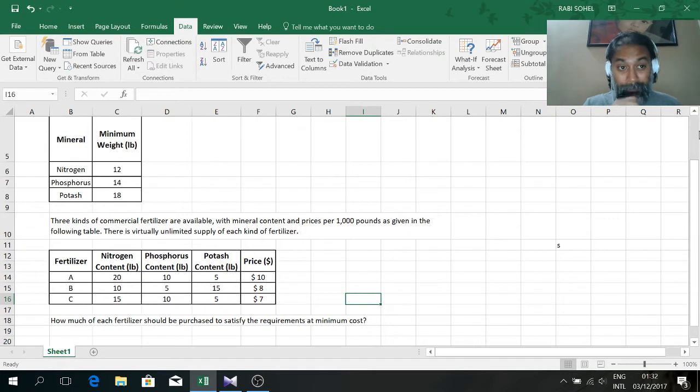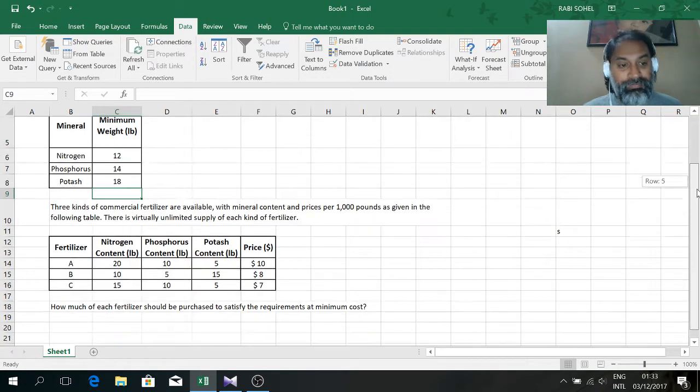Okay, so the grass needs at least this much nitrogen, this much phosphorus, and this much potash. Three kinds of commercial fertilizers are available, with mineral content and prices per 1,000 pounds as given in the following table. There is a virtually unlimited supply of each kind of fertilizer.